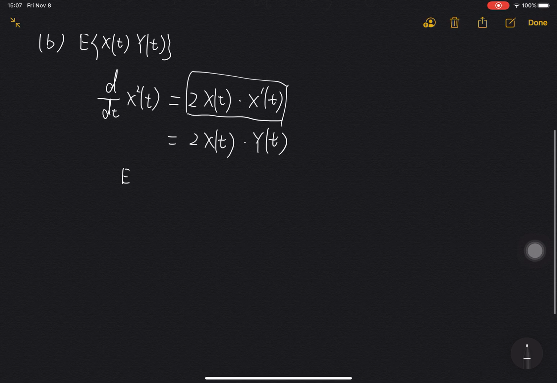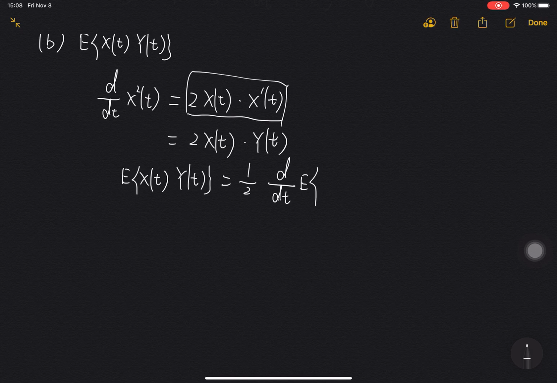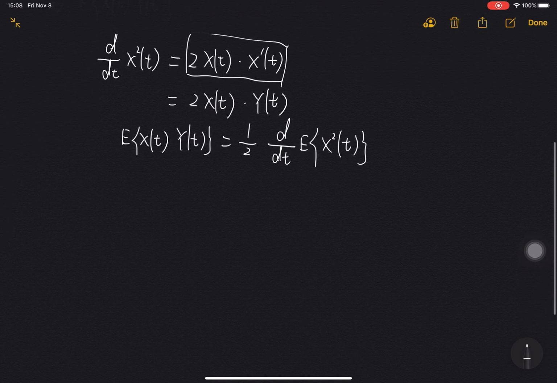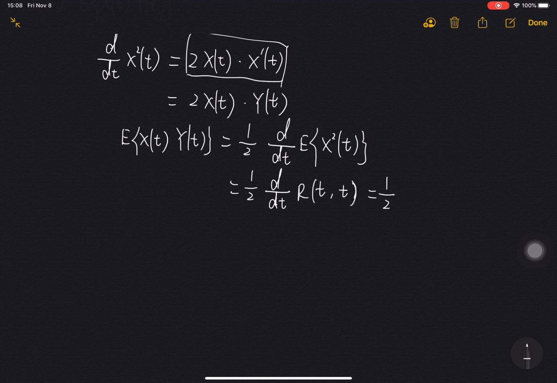So the expectation of xt times yt should be 1 over 2 the derivative of the expectation of xt squared, and this is the derivative of the correlation R(t, t).